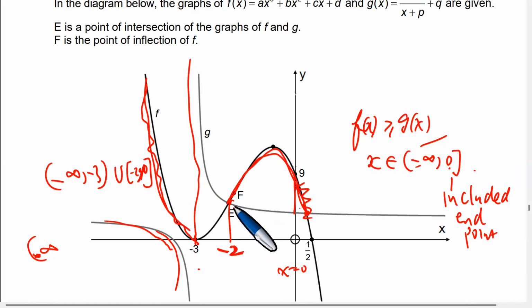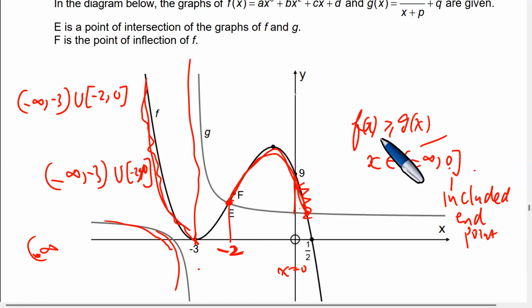And now at minus 2, why do we include minus 2 here? I had written minus that, and suddenly I decided to include minus 2 and then even 0. The reason is at minus 2, they're equal, and the condition is we must investigate where f is greater or equal to g. Here they're equal.